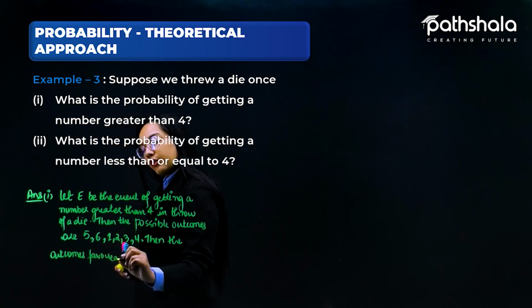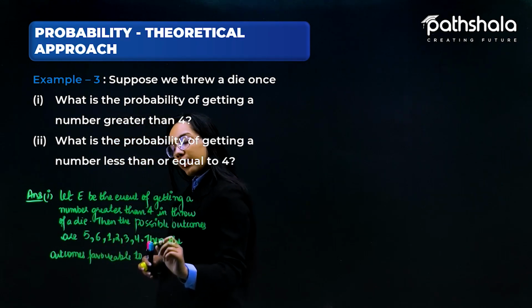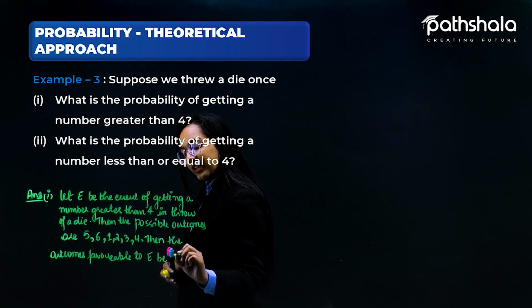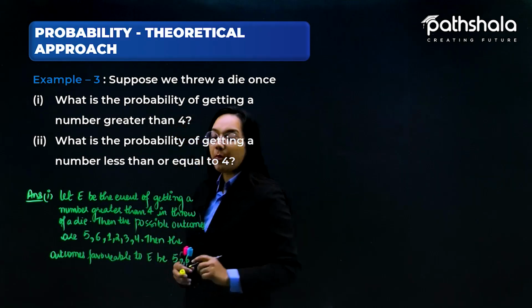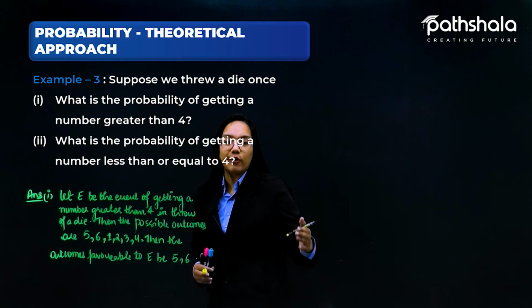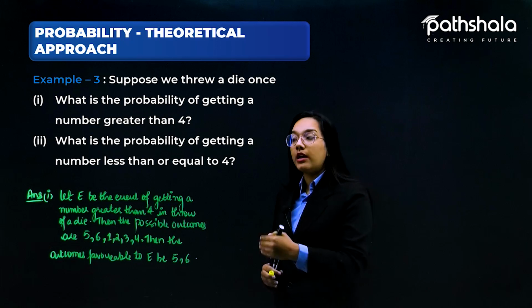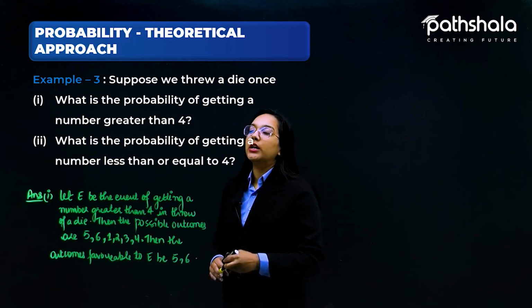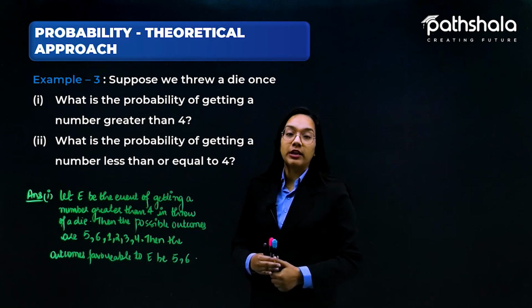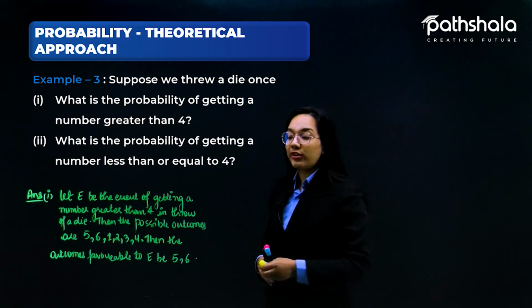Then the outcomes favorable to E are 5 and 6. So the possible outcomes would be 1, 2, 3, 4, 5, 6. The outcomes that are favorable to our event E, because we just wanted to get a number which is greater than 4, are only 5 and 6.